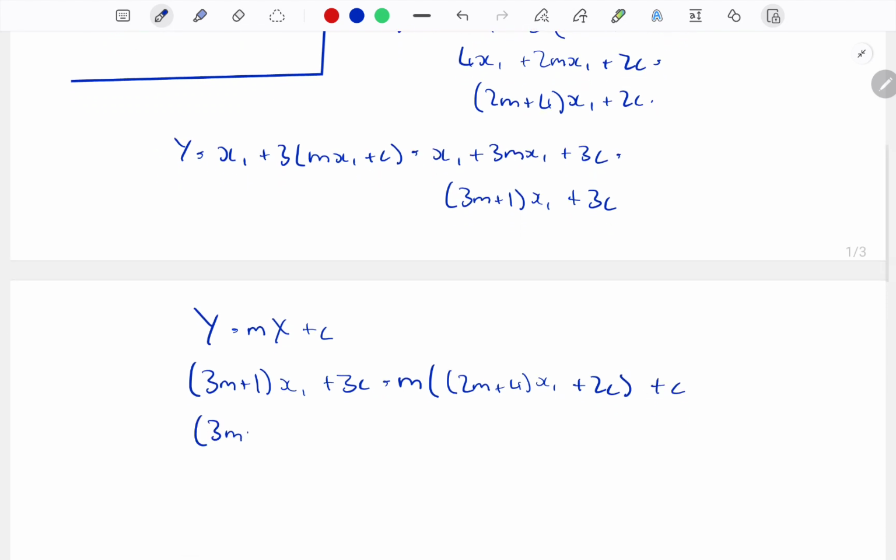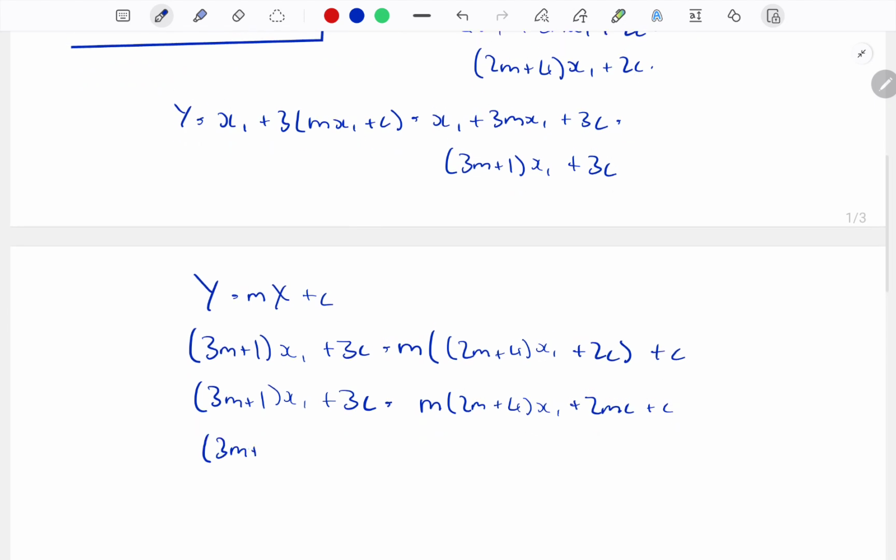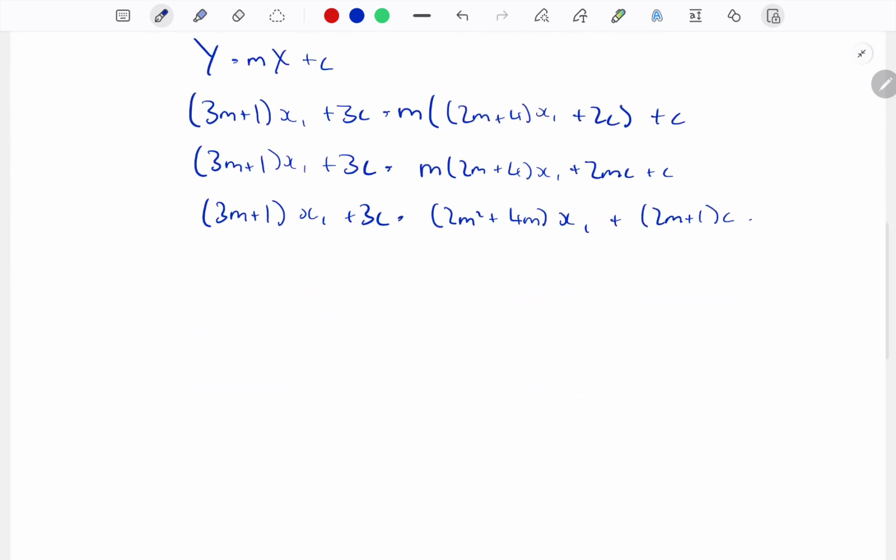So (3m plus 1) x1 add 3c is equal to m(2m plus 4) x1 add 2mc plus c, which is (2m squared add 4m) x1 add (2m plus 1)c.